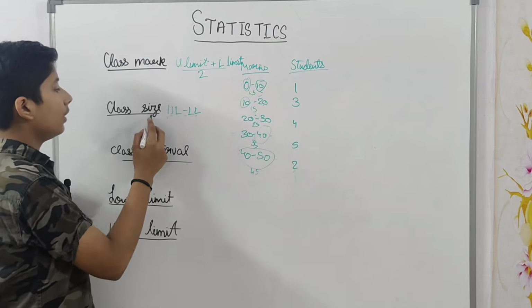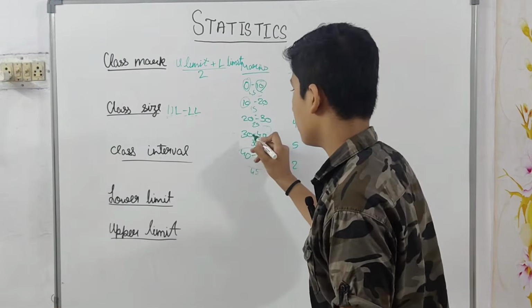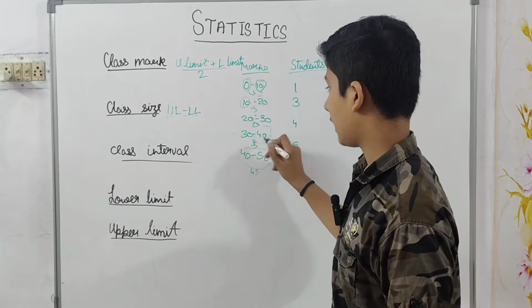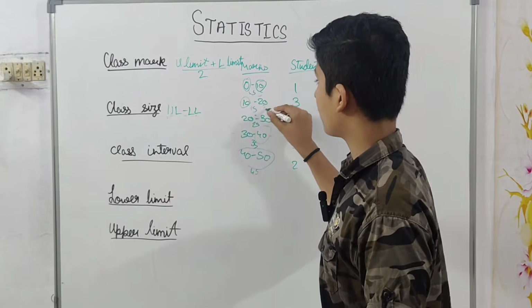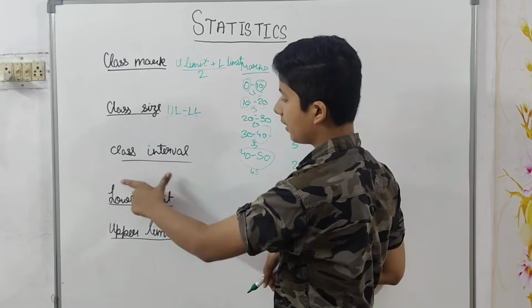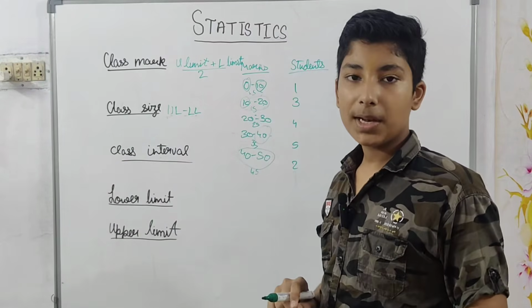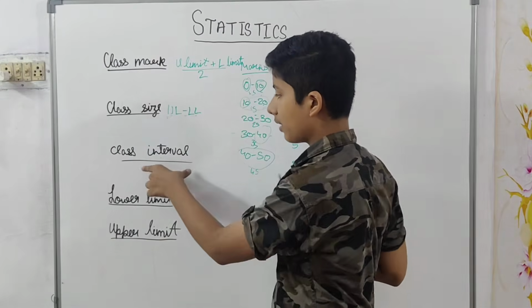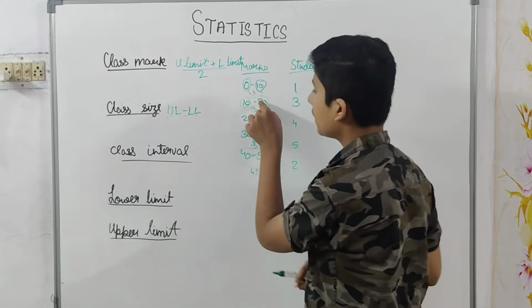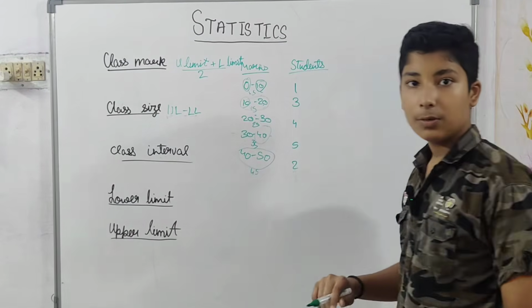Now, class size will be upper limit minus lower limit: 40 minus 30, 10. 30 minus 20, 10. 20 minus 10, 10. 10 minus 0, 10. Okay. Now class interval is this whole thing together. Upper limit and lower limit together are known as class interval. Now lower limit is this one, the smaller value. Upper limit is this bigger value.